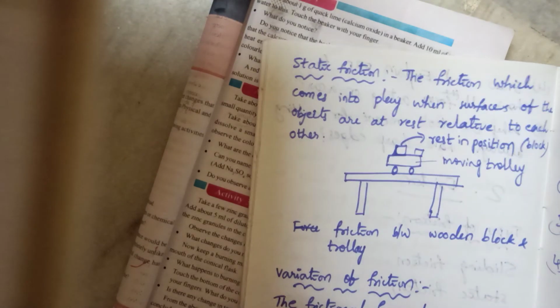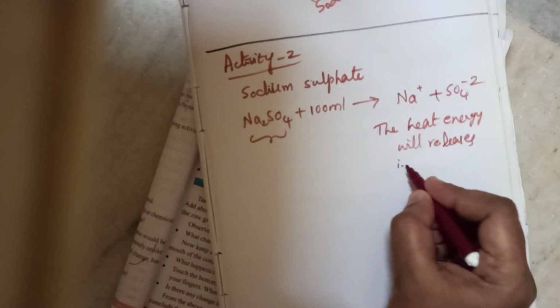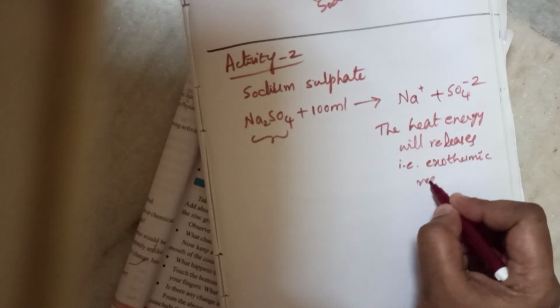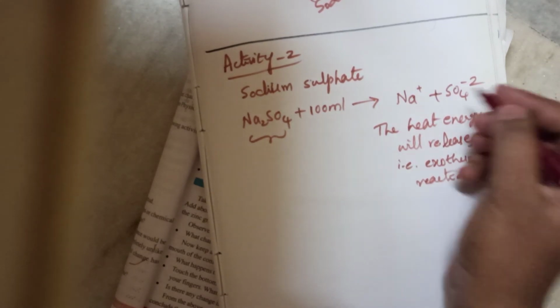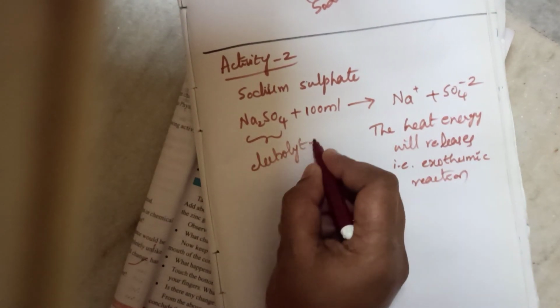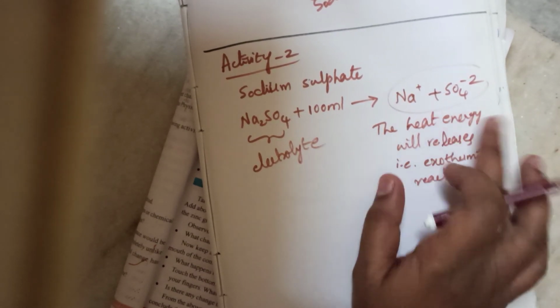That means the sodium sulfate reacting with water liberates some heat energy, so it is an exothermic reaction. So like this we can get it. It is a perfect strong electrolyte, and the dissociation takes place: it dissolves and dissociates.